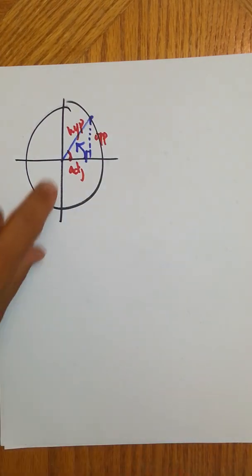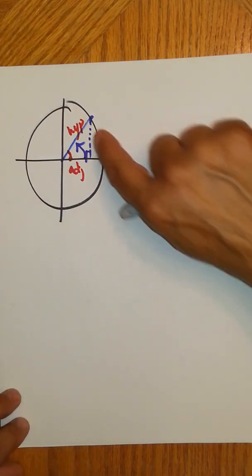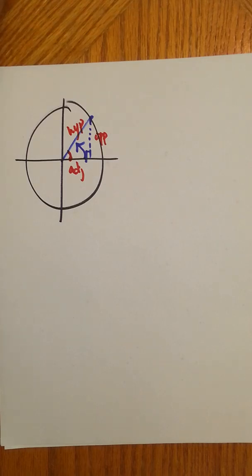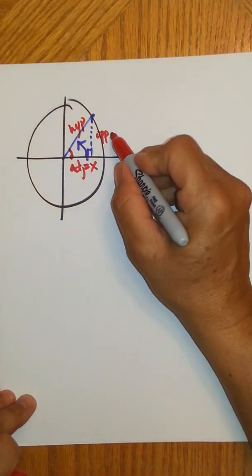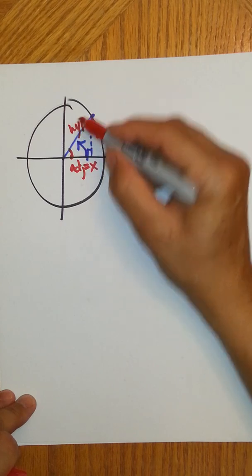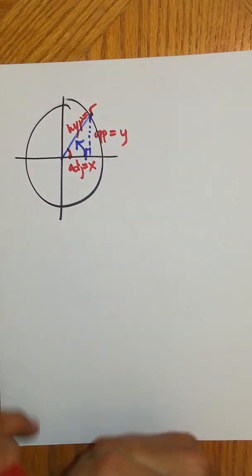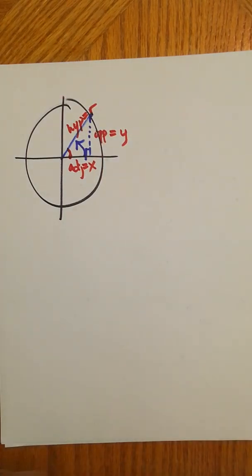But because this is always the angle, you can't have this being the angle like you could have in the freeform case, then you will always have this configuration, which means that now the adjacent will always be the x-coordinate, the opposite will always be the y-coordinate, and of course the hypotenuse will always be the radius. Okay?